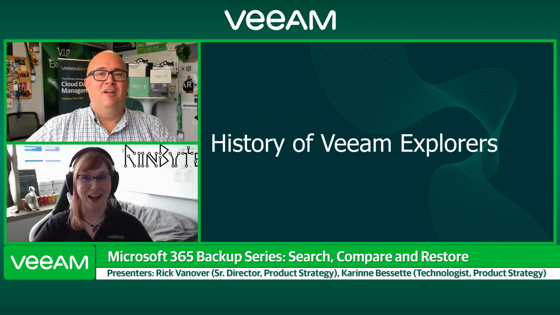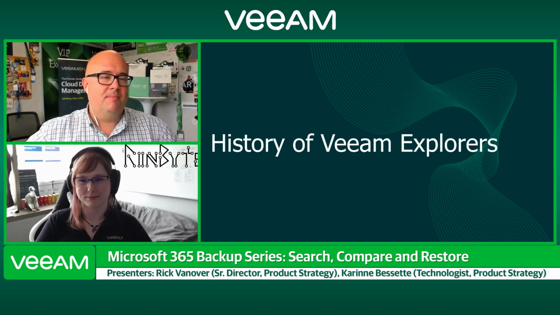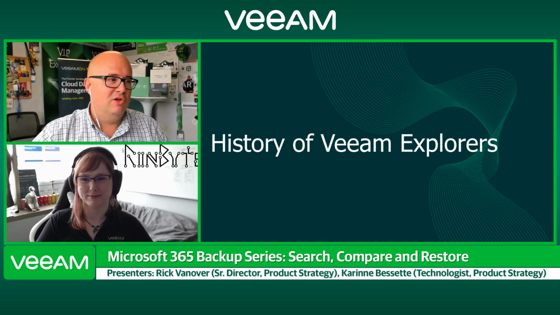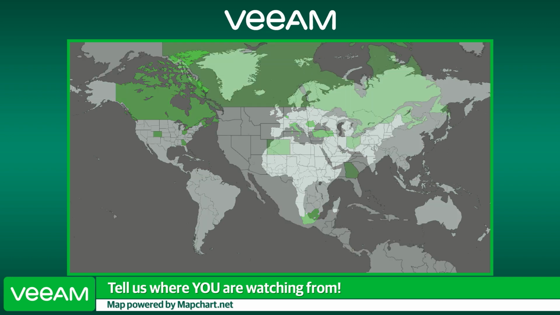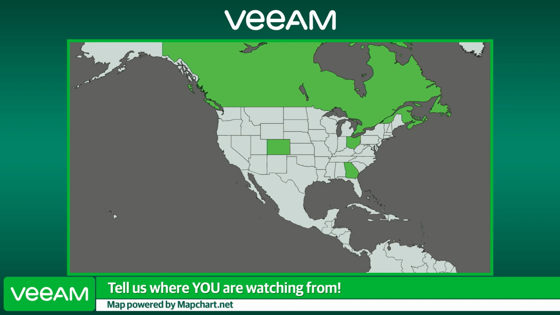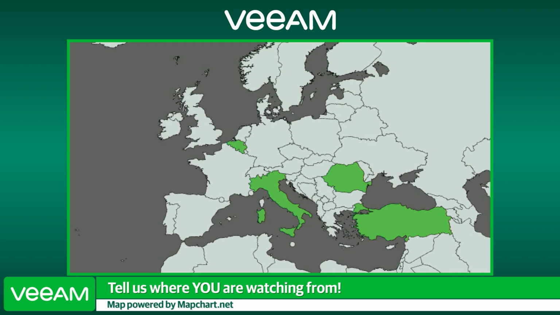Surprise! We will. All right, the producers just let me know that the application is ready. So let's take a quick look at the map. And I've been told there's a lot of people from Italy on the line, which is great. So we've got Canada. I can see that a mile away. We've got, I think that's Colorado. We've got Georgia. We've still got Ohio. Maine. Oh, no, that's Canada. Again, I guess I could look at the list here. Connecticut, Canada. Oh, Ottawa. I love Ottawa. It's one of my favorite cities in Canada. Yeah. We've got over in Europe, we've got Belgium, Turkey, Italy.